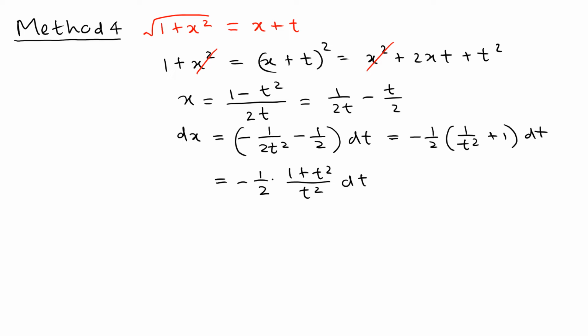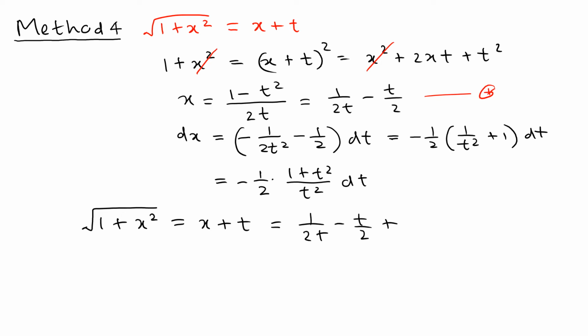Actually, we also need to find one more term. Since we know what x is in terms of t, we're going to simplify the x plus t term, because x plus t is the actual term we're going to use. So square root of 1 plus x squared according to the substitution is equal to x plus t. If you substitute for x, you get 1 over 2t minus t over 2 plus t.